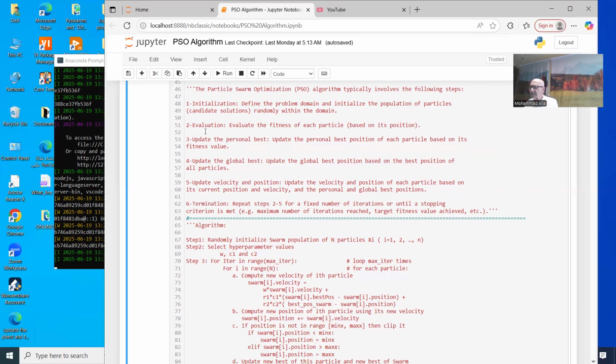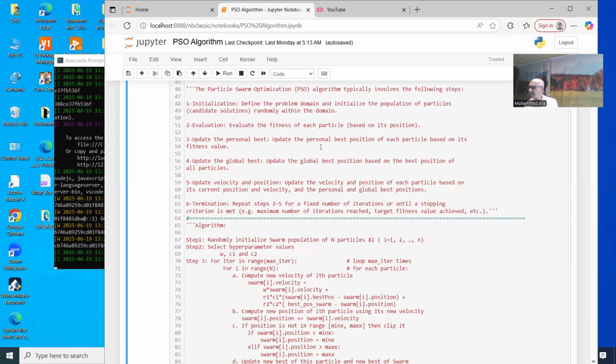After creating the fitness, now we have an array of fitness values for all the particles. We need to update the personal best for each particle.